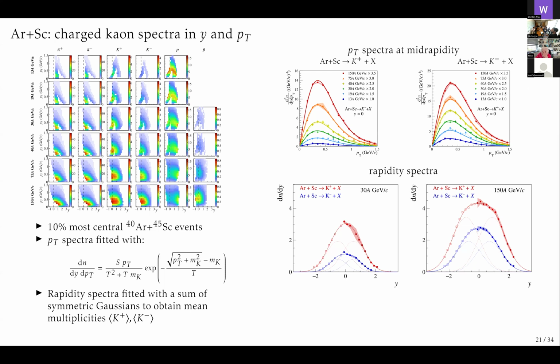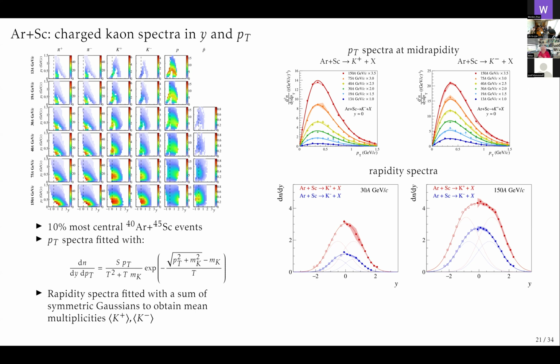You are not making a huge error if you just consider them to be exponential-like. And when it comes to rapidity distributions, you also get quite a good fit with a simple double Gaussian. So yeah, in general, this is quite robust and gives you good enough measurements and uncertainties.